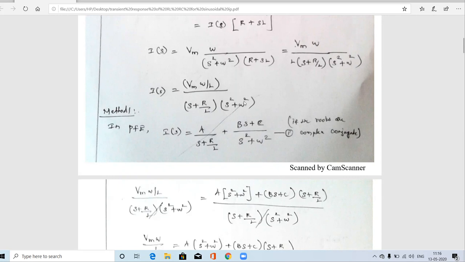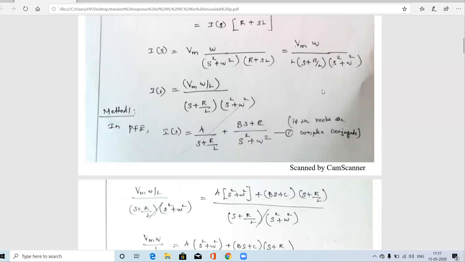And you see s squared plus omega squared. What is the root of this s? For example, s squared plus omega squared, how do we calculate the s value? From this, s squared equals minus omega squared. If you take the square root on both sides, we get s equal to plus or minus j omega. Correct?